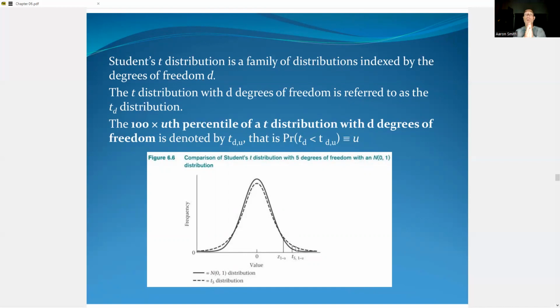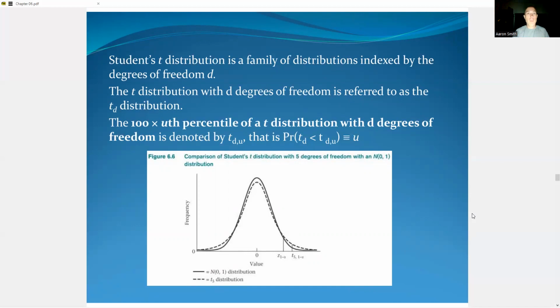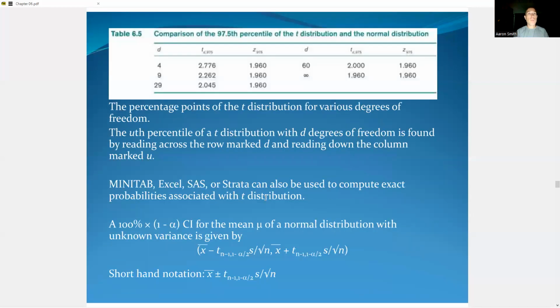What this says is we're expecting to see less data close to 0 and more data spread out, typically. Here's a comparison of the 97.5th percentile of the t-distribution and the normal distribution. The big takeaway here is that we expect to see more values farther away from zero when working with a t-distribution than normal.